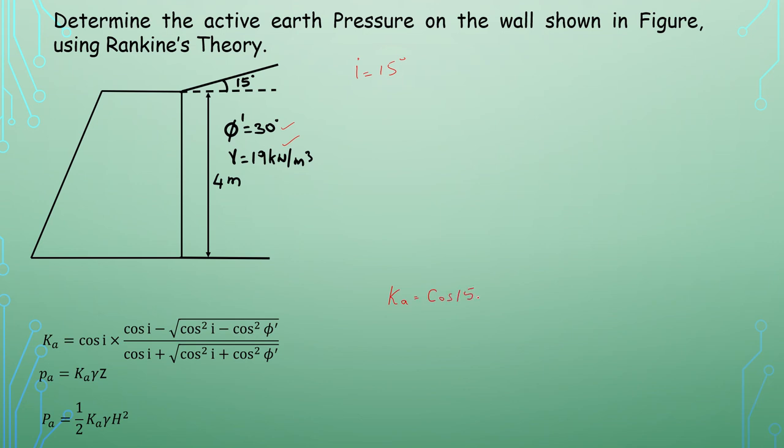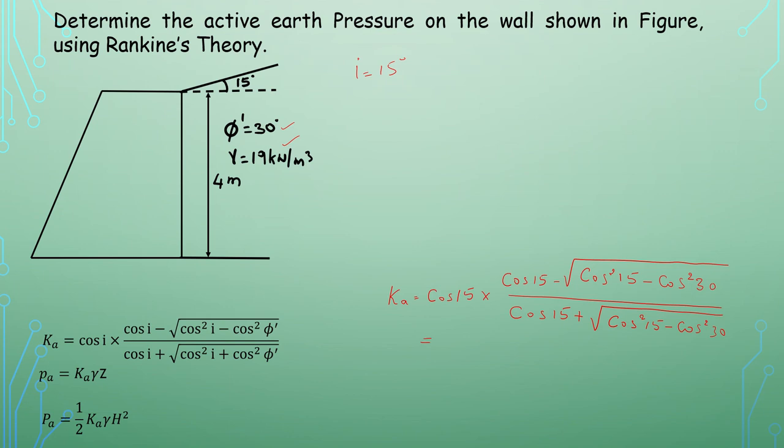So cos i equals cos 15 into cos 15 minus root of cos square 15 minus cos square 30, divided by cos 15, here it will become plus. In the numerator it is minus and in the denominator it is plus. You find out Ka.